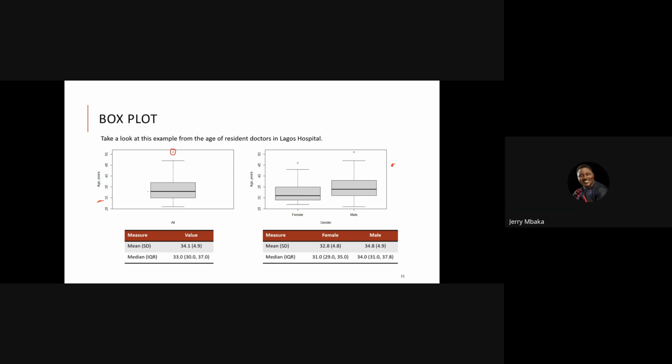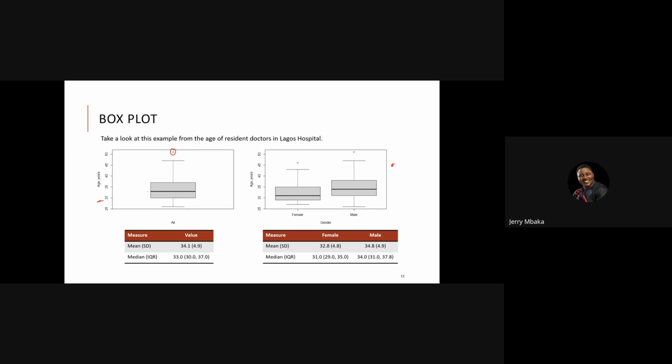Okay, if I may just have a go. From the box plot on the left side, we can see that generally the ages are not normally distributed. We have a right skew, meaning that even though the age distribution is between probably 32 and let's say 38 for the general data, we are seeing on the right side that the skewness may be attributed to the distribution of the ages in female doctors.